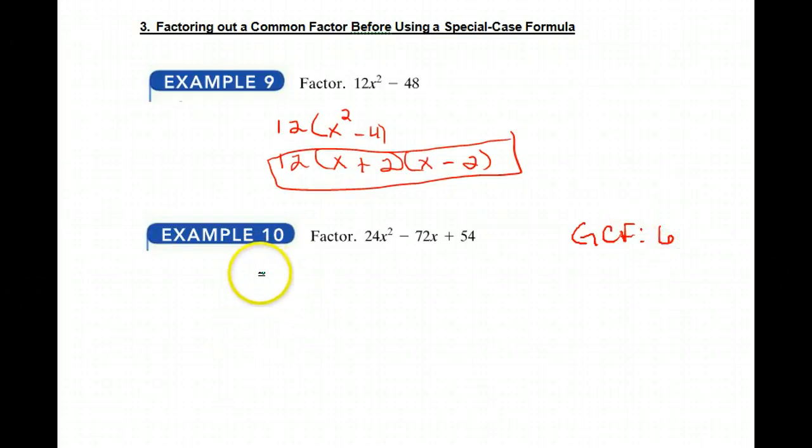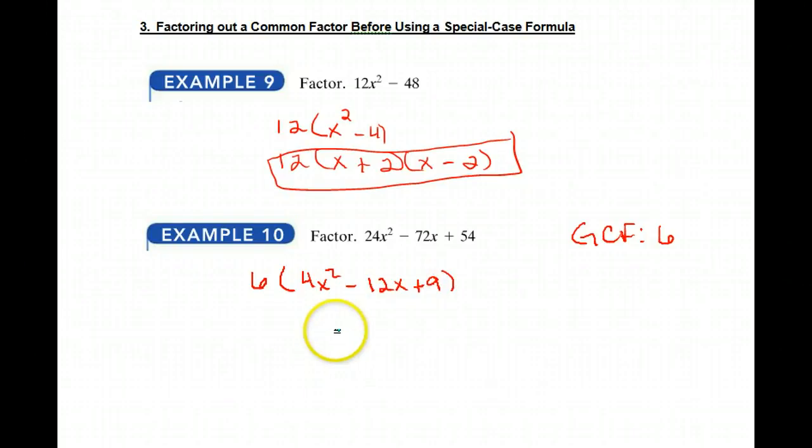So you should have started by factoring a 6 out of everything. 24 divided by 6 leaves us with 4x squared. 72 divided by 6 leaves us with 12x. And 54 divided by 6 leaves me with 9.